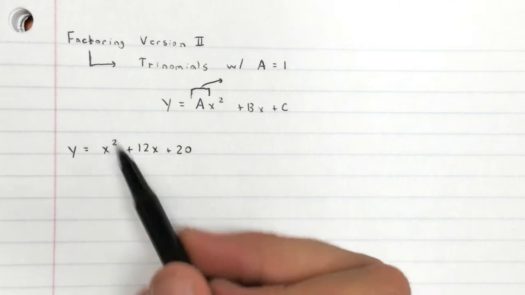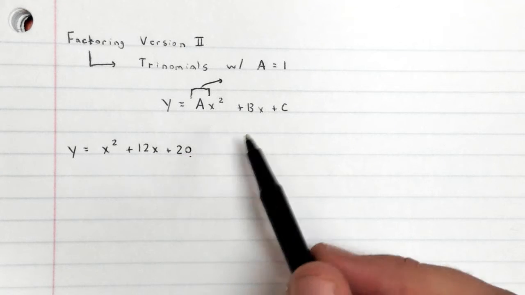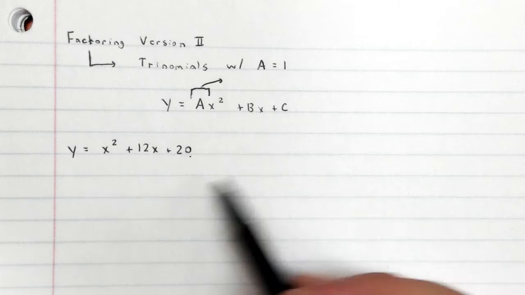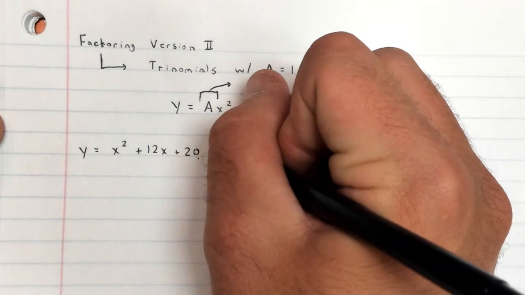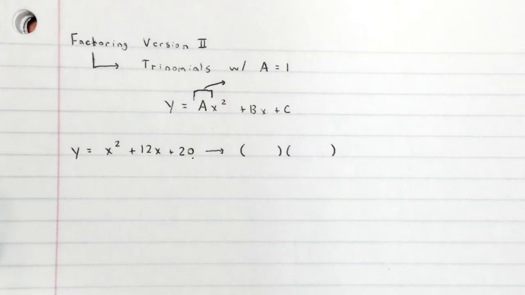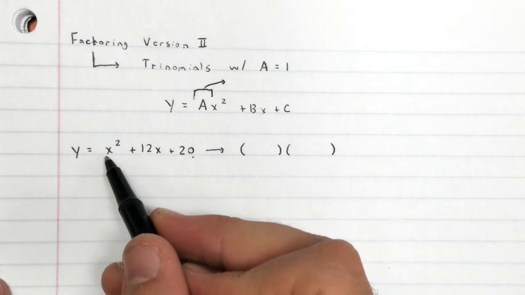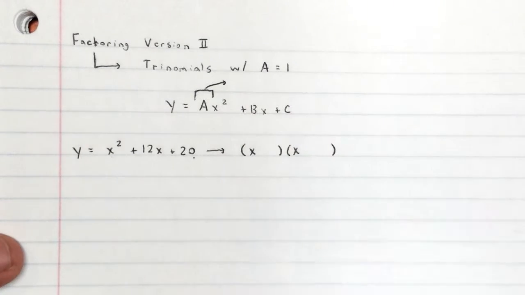Alright, well, you used to do this whole thing where you did a times c, split it, and then do this X-box method. No. If the a is 1, this becomes super easy. I look at the first part. What times what gets x squared? Well, x times x.